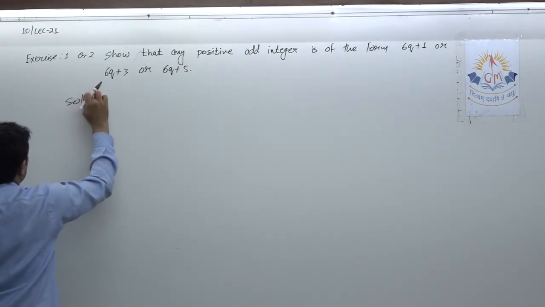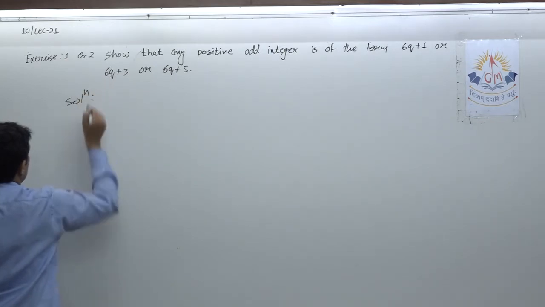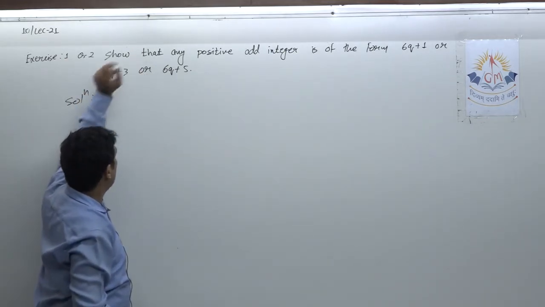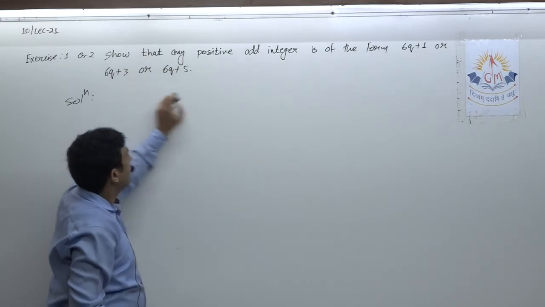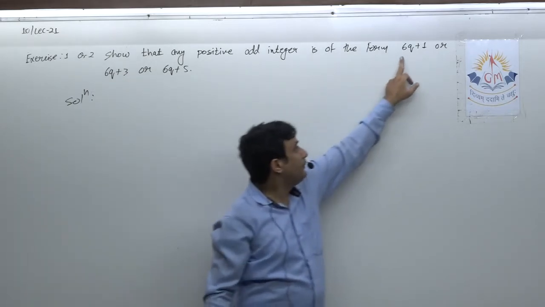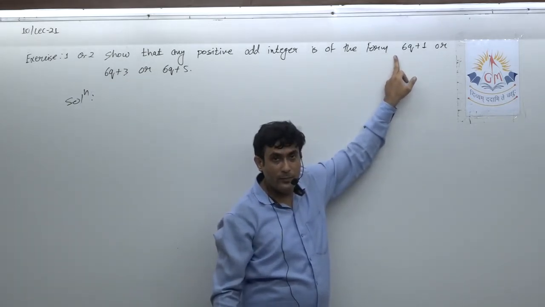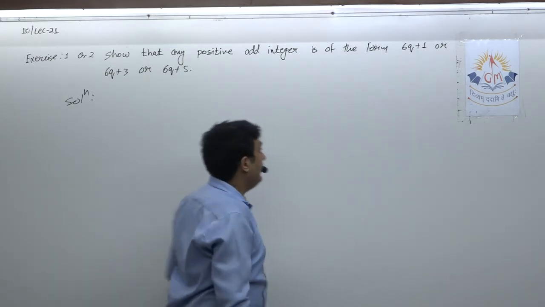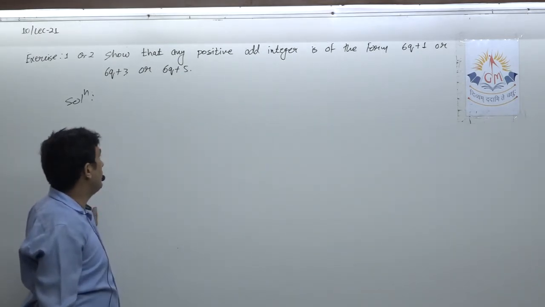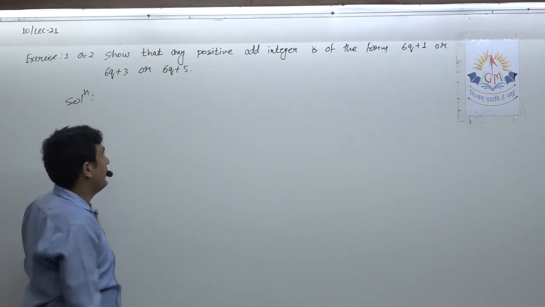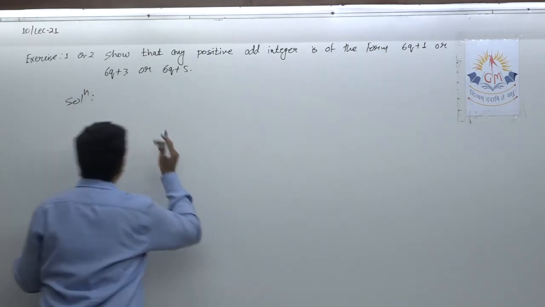Okay, so again this is a question of the type which we solved in today's lecture itself. So here the very first thing that we get is that b should be 6, isn't it? The value of b must be taken as 6, and then we have to show that 6q plus 1, 6q plus 3, 6q plus 5 are positive odd integers.